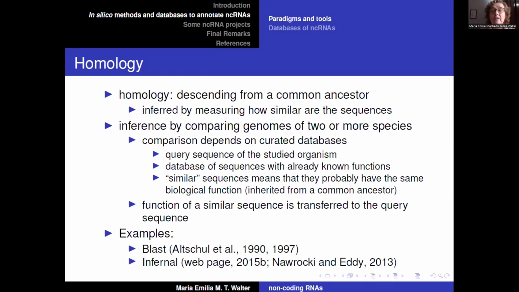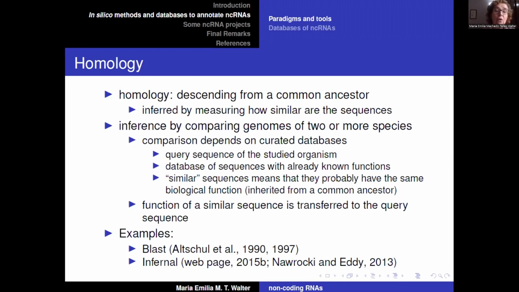Similar sequences probably have the same biological function, inherited from a common ancestor, and we annotate the sequence by transferring the function of the similar sequence to the one you are investigating.